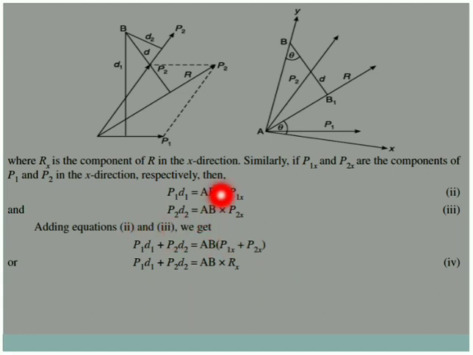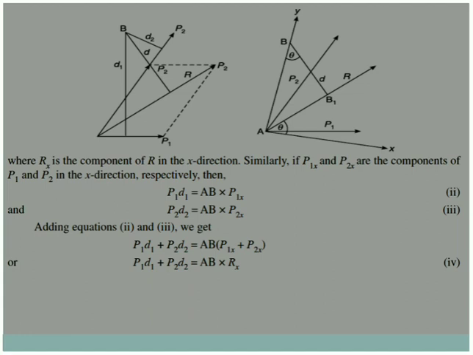This becomes a very important statement, where we have added equations 2 and 3. Then P1 into D1 plus P2 into D2 is equal to AB into the sum of P1x and P2x. Now what is P1x plus P2x? It is the summation of forces along the x direction, the x component of P1 and the x component of P2.